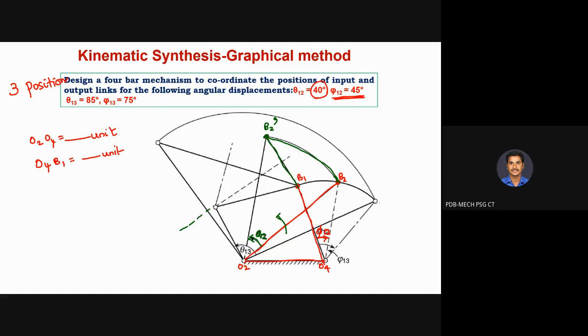So this green color line is indicating the first position's mid normal.